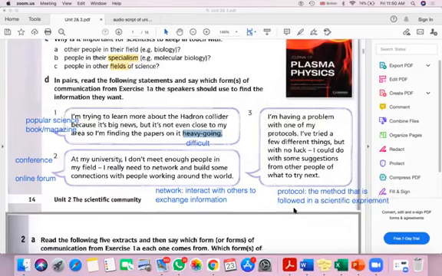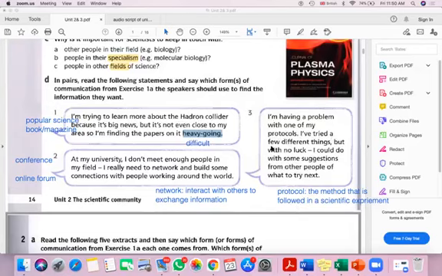All right. So the protocol is mainly the theory, all right, النظرية. So this person is having a problem in one of his protocols.